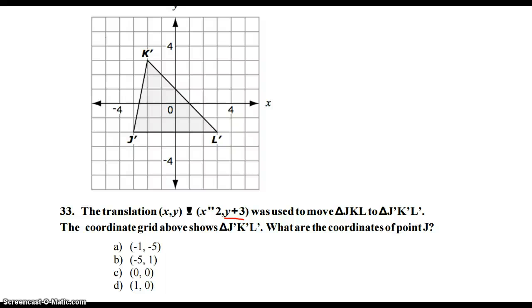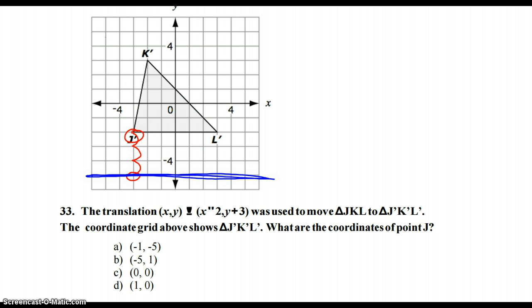So I know this much. This point here would move down 3. 1, 2, 3. Now that doesn't mean it's here, because, like I said, I don't know what's going on with the x value, if they subtracted 2, added 2, or whatever. So we can't find that exact position. You could figure it out once we write our answer, but here's what I do know. J originally was at -5, somewhere down here, okay?